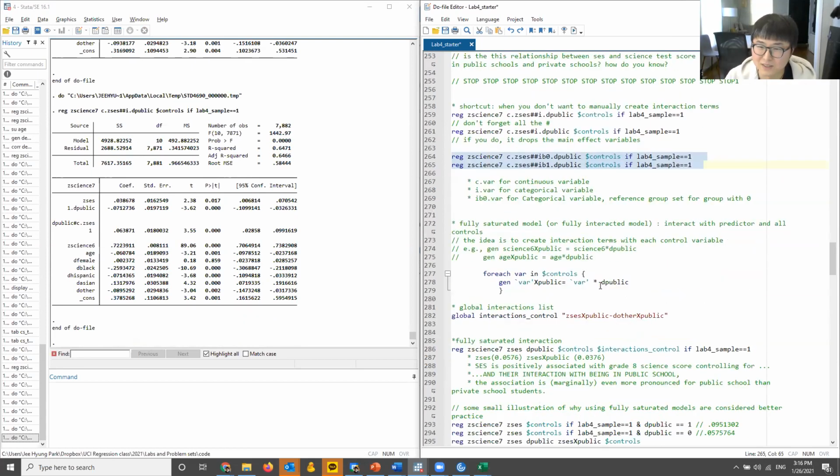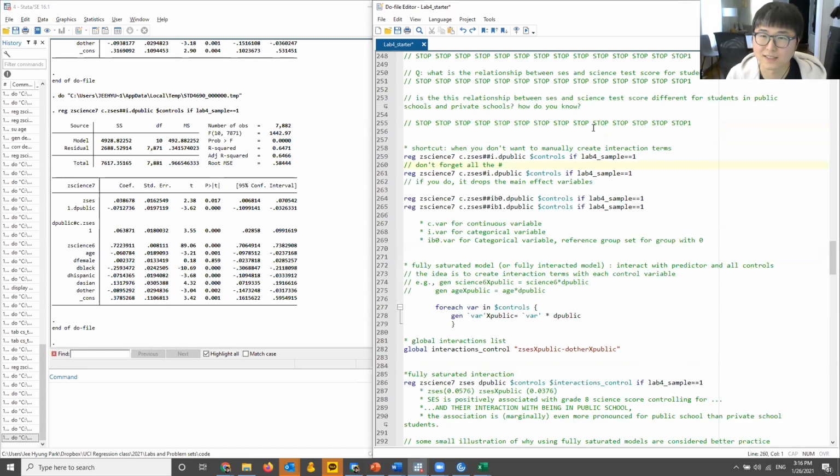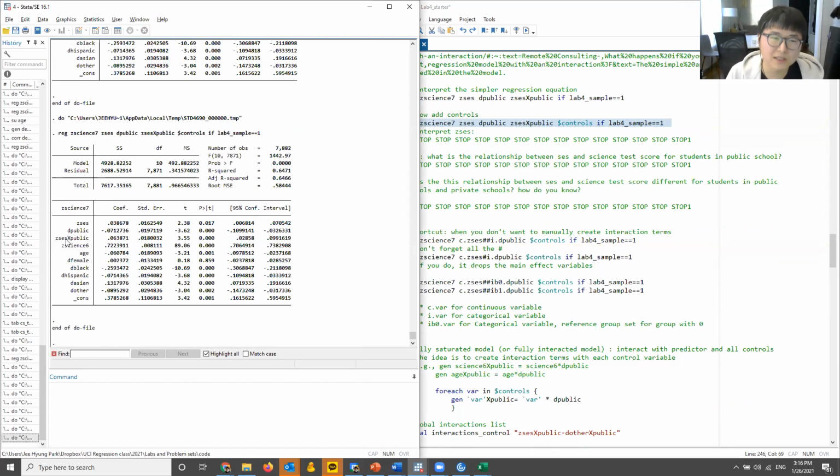Anyway, the last bit was quickly talked about in lecture, and Greg sent an announcement, I don't know if you saw it, about the idea of a fully interactive model, or a fully saturated model. I'll run the regression so it's in front of us and easier to see. We now know that the relationship between SES and science is different for people in public school and private school.